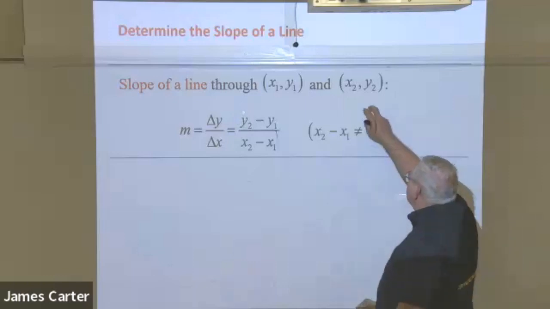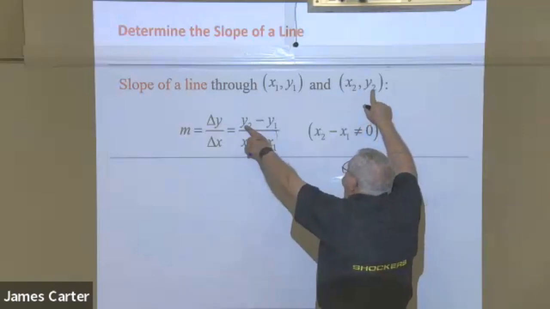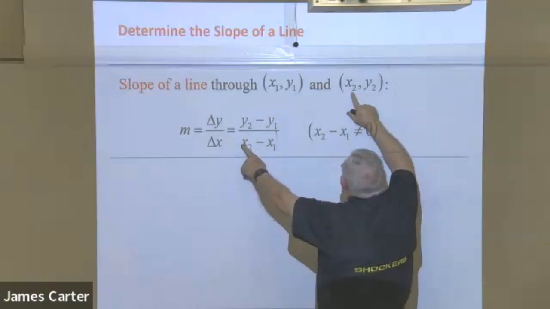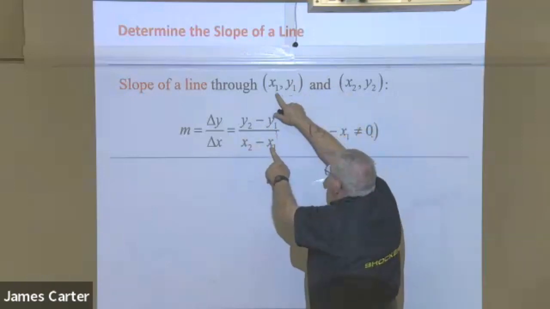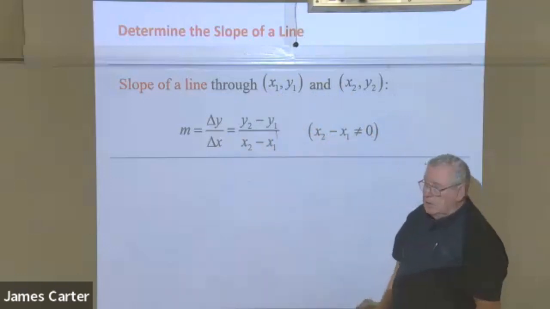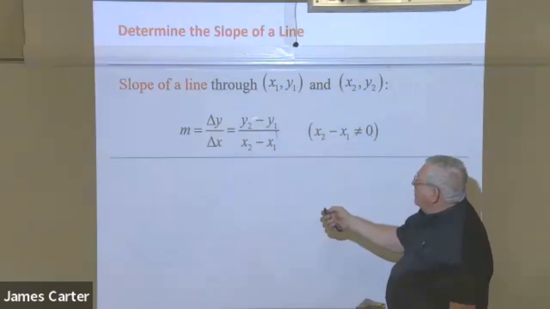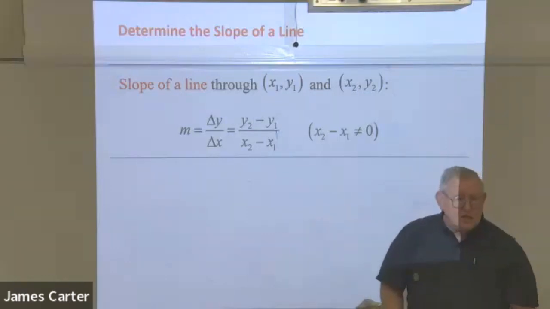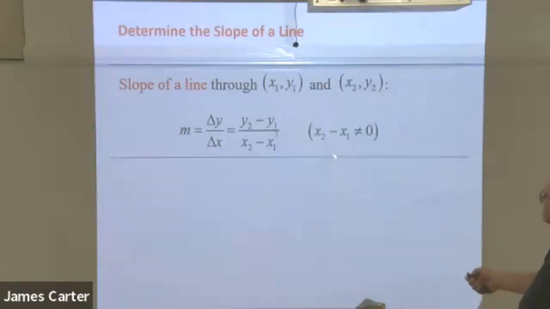If we start with this Y value followed by that one, then we must use this X value followed by that one. Now, we could make this Y1 minus Y2, X1 minus X2 just as easily. This business is saying we can't have a zero denominator. And by the way, if we ever do a zero denominator, that's a vertical slope.